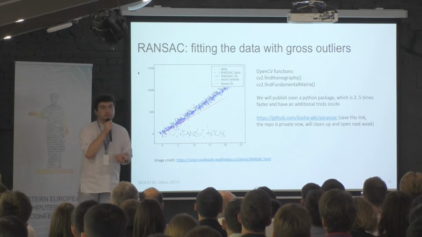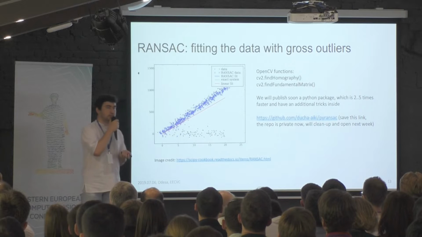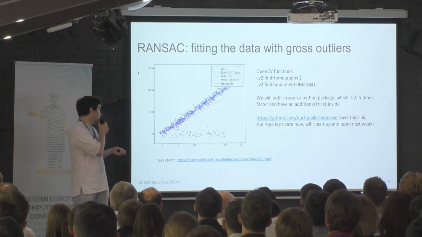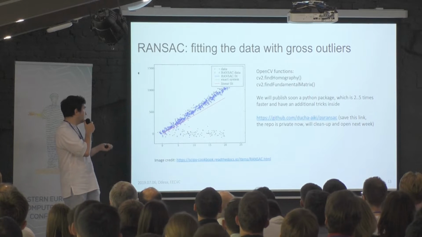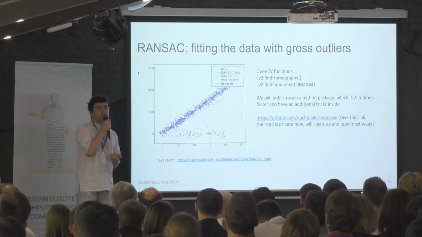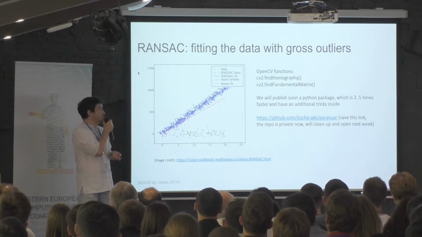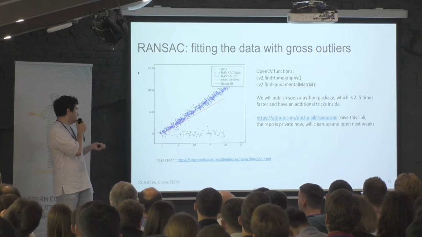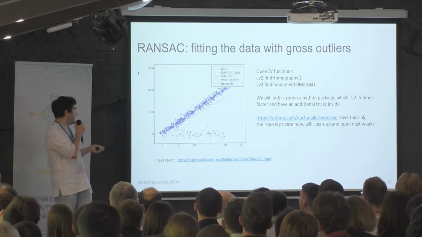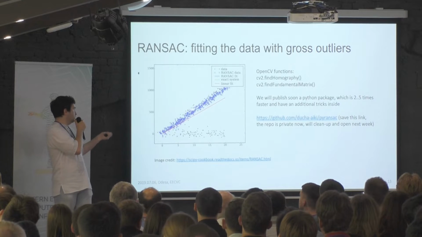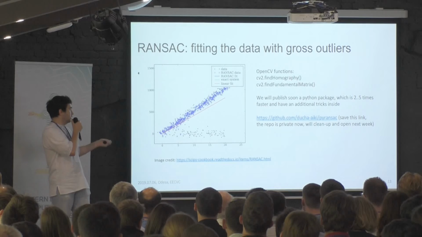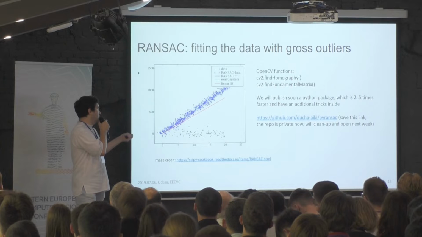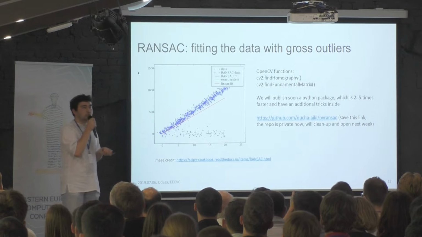The last component is how to find these models, be it epipolar geometry or homography. There is a popular algorithm for this, RANSAC, which is robust. It stands for random sample consensus, and it is needed because of the outliers. You have your observations, a lot of them are correct, but a lot of them are not. If you just use least squares, you fit and you would get this red line. This is not what you want to do.